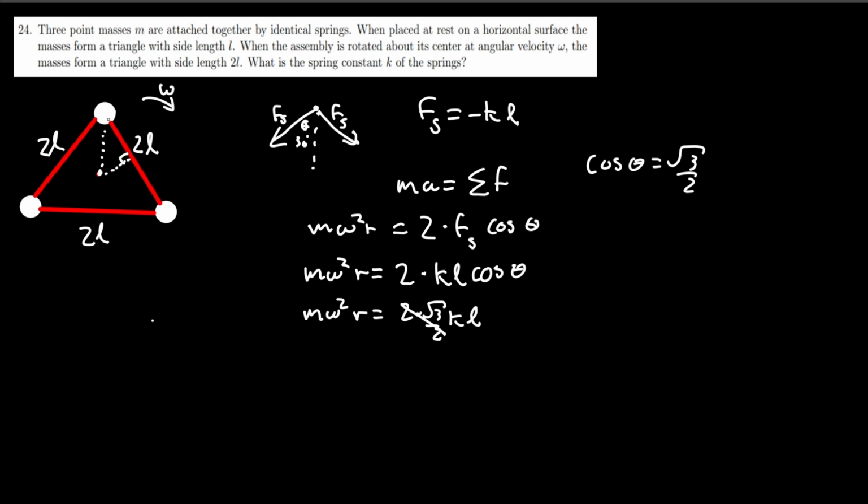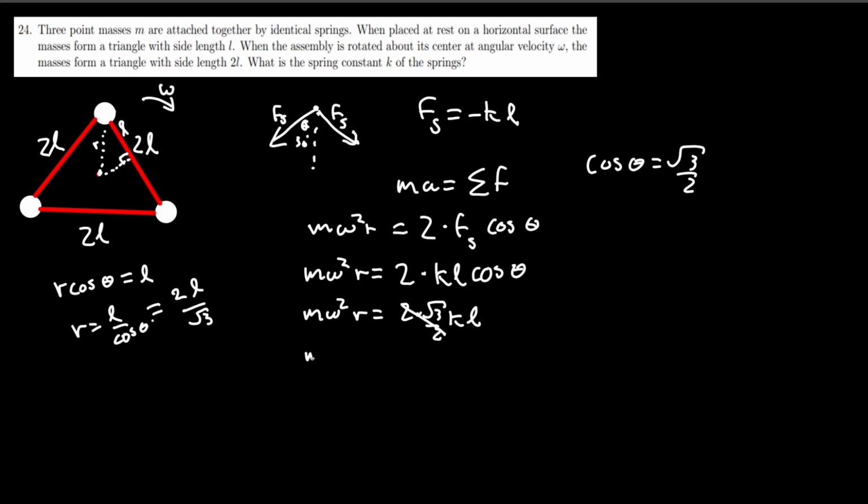The side of this right triangle is equal to L, and the hypotenuse is equal to r. So you can see here that r cosine of theta is equal to L, which means r is equal to L over cosine of theta, and cosine of theta is equal to root 3 over 2, which means r is equal to 2L over root 3.